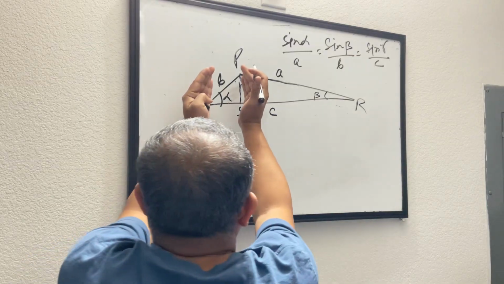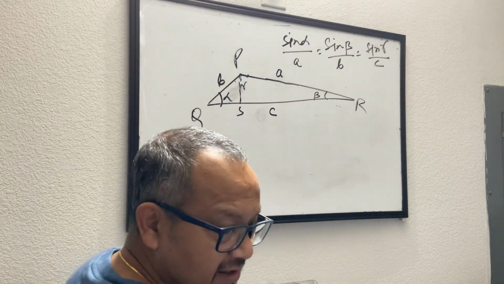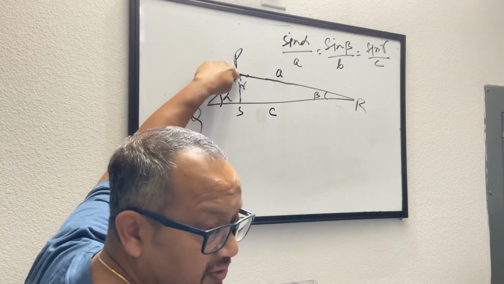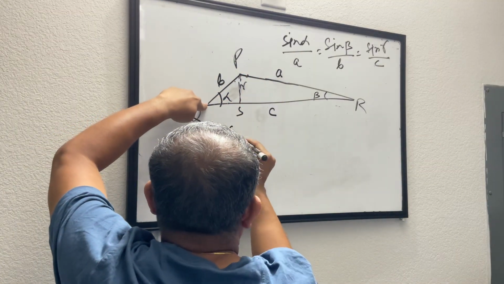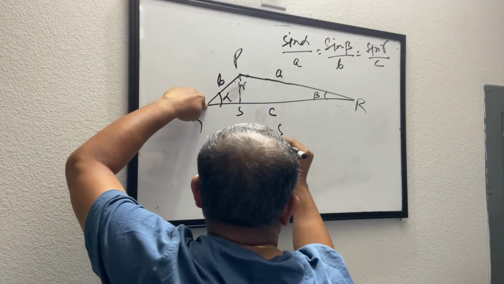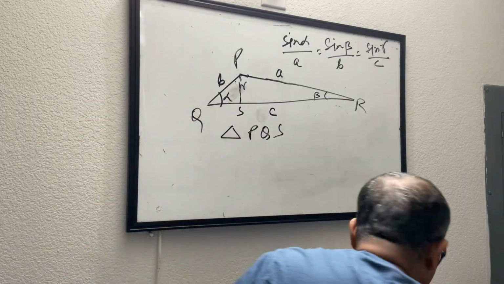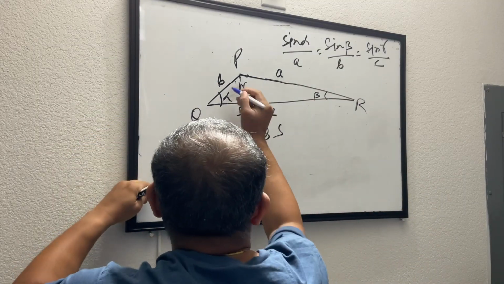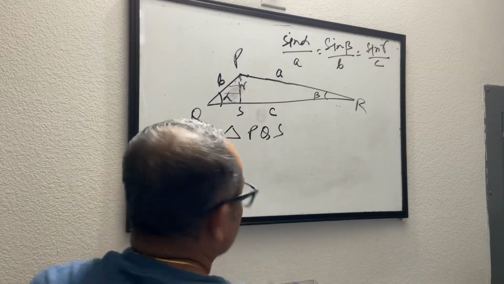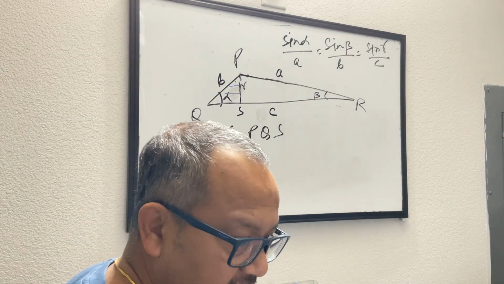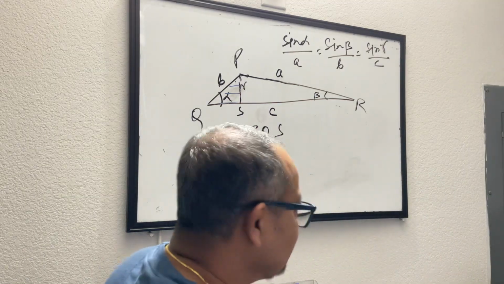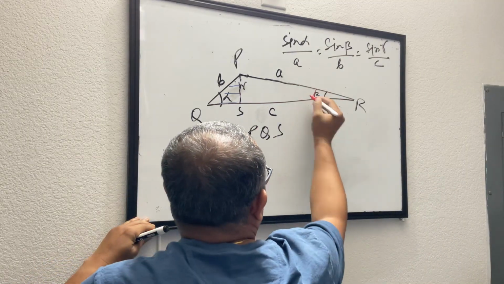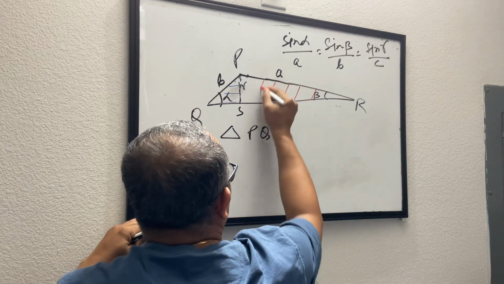Now let's pick up this triangle. This is one right angle triangle that we have drawn by dropping a perpendicular. In this triangle PQS, and just to make it a little more visible to you guys, let me shade it a little bit. So the blue one is the PQS. And I see Nancy is struggling to see the board, so that's why I'm using some color coding to make it more visible.